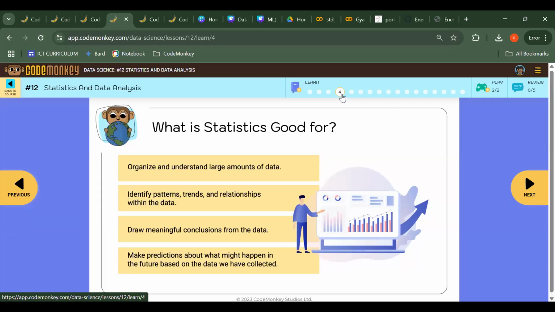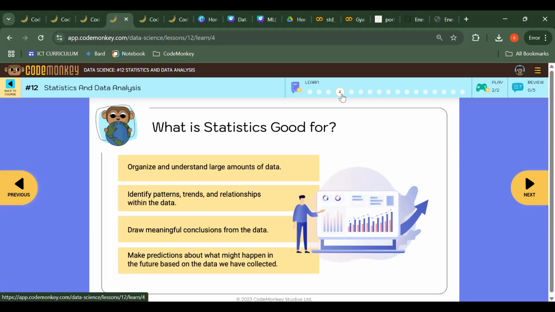Let's say you have 500 friends and want to collect their favorite colors from a huge number of students. Statistics helps you know how many of your friends like red, how many like blue, how many like green. Statistics will help you understand the large amount of data.